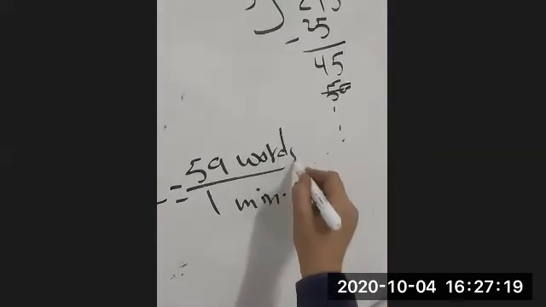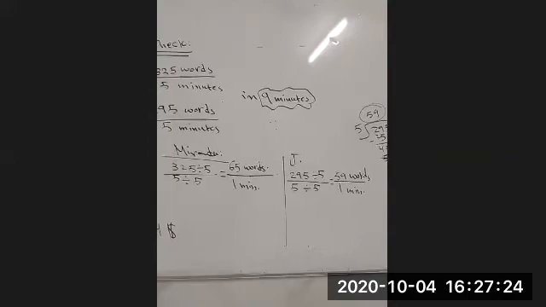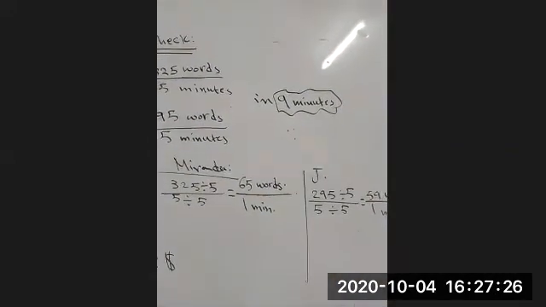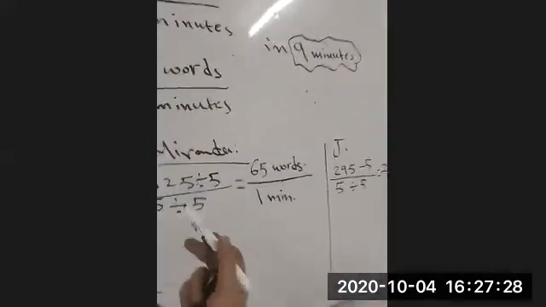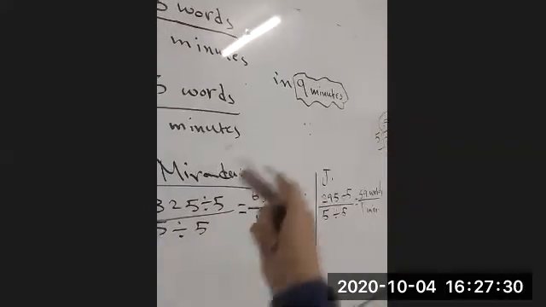Joseph types 59 words in 1 minute. Before you read the question, they want 9 minutes, right? Let's find how many Miranda can type in 9 minutes now. How?